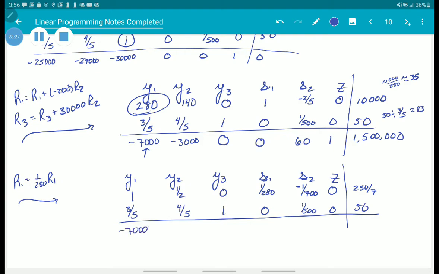Everything else stays the same for now. And then we're going to do some Gaussian elimination.